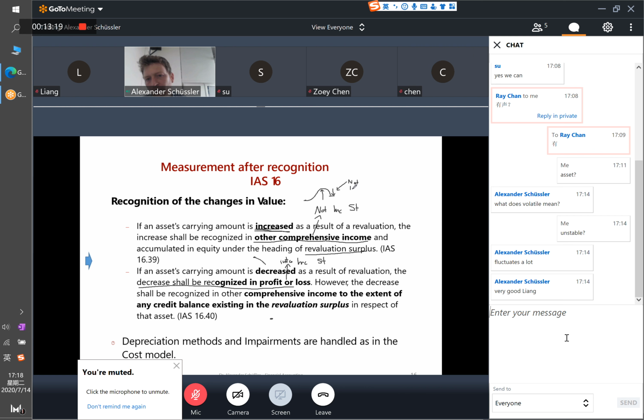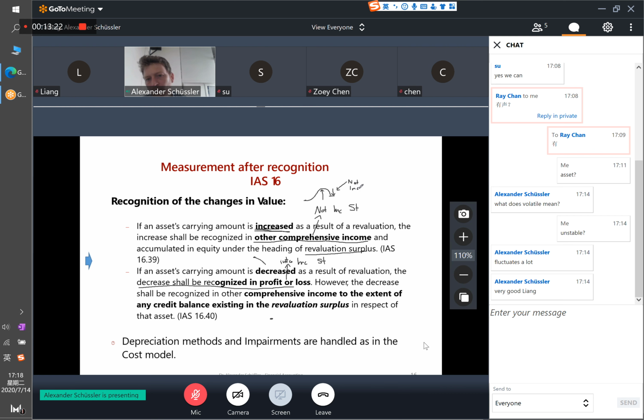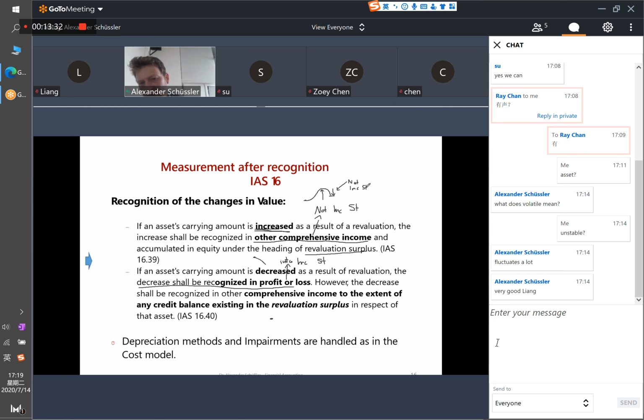Generally, you can say, if it is increased above the original cost, then it is OCI, not through the income statement.